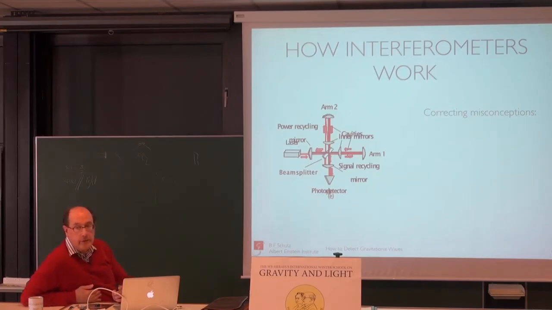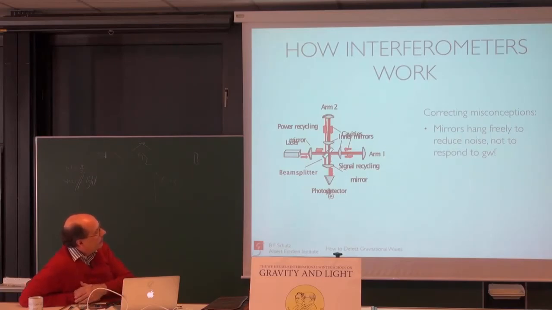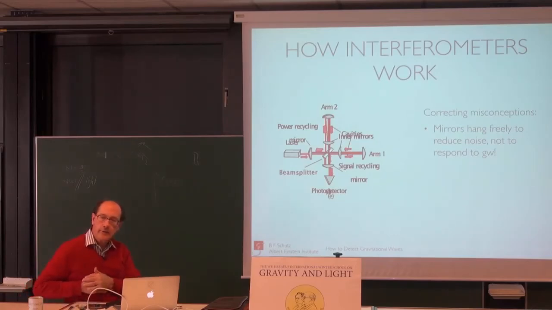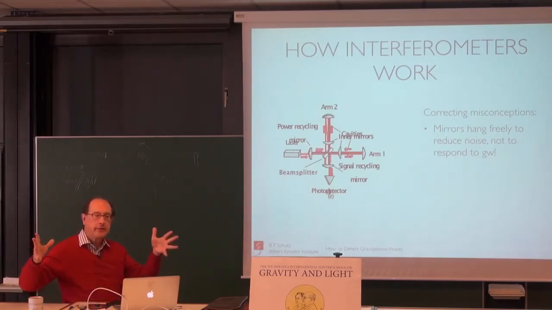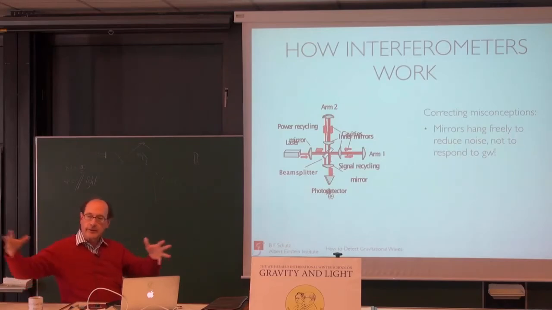Now, I want to correct some misconceptions. Two things I've been saying to you all along, and you probably believe, are wrong. And now you can understand why they're wrong. I might not have said this, but you probably believe this: we need freely falling test masses for the mirrors, and that's why we're hanging them, so that they respond to the gravitational wave as it comes along.